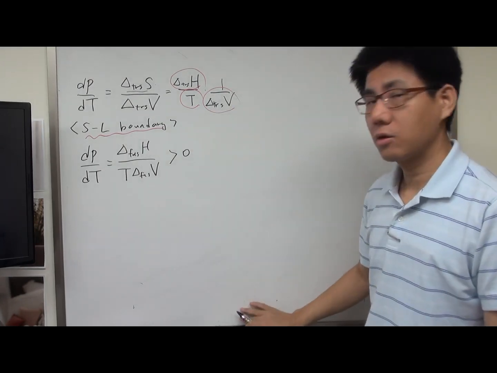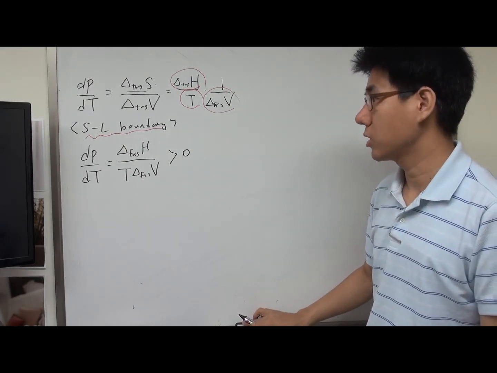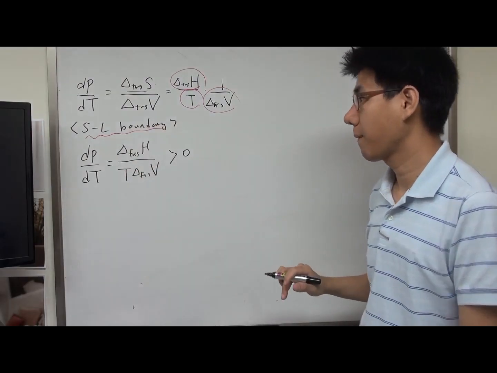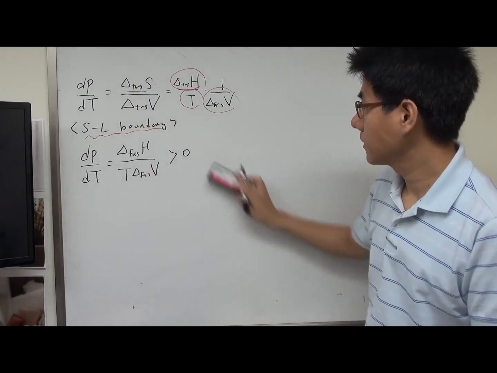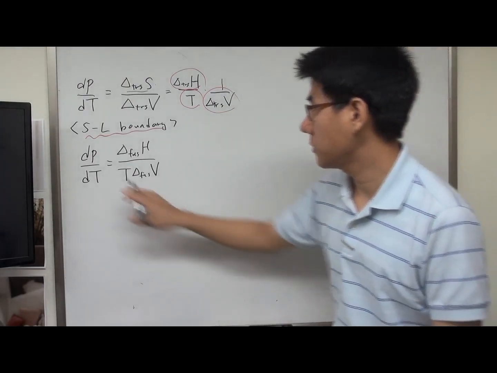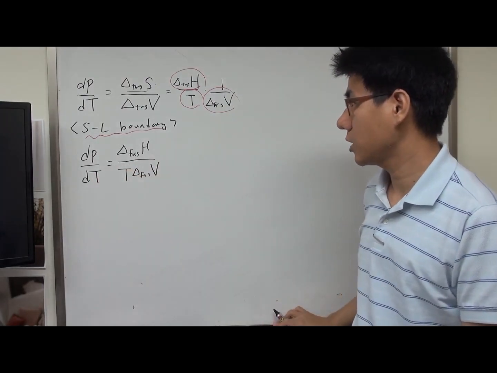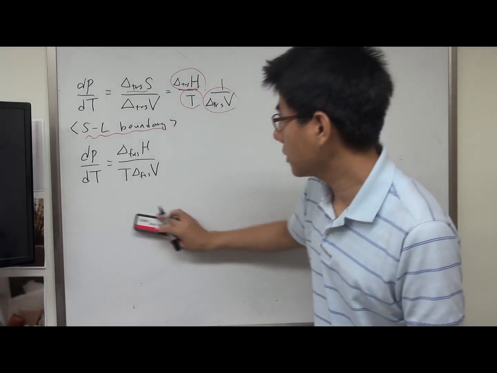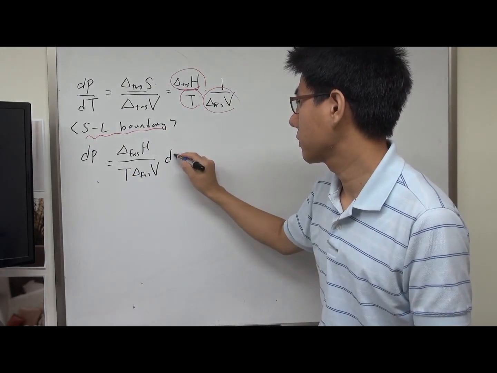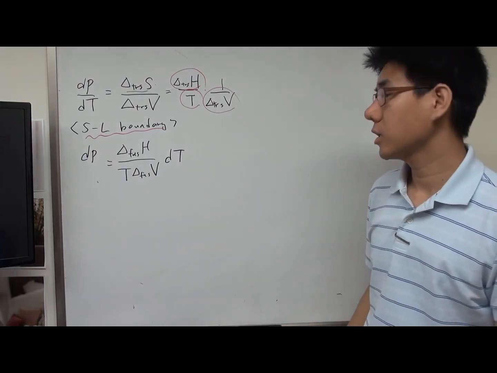So let's get the exact relation between pressure and temperature for the solid-liquid boundary. Okay? You can do the integration, right? dP/dT is equal to delta H over T delta V. So let's move dT to the right side. Okay?